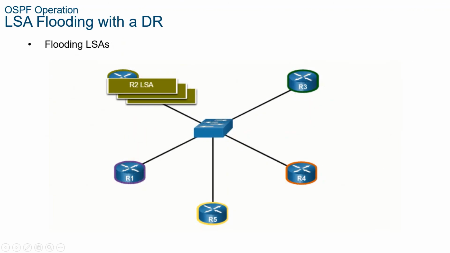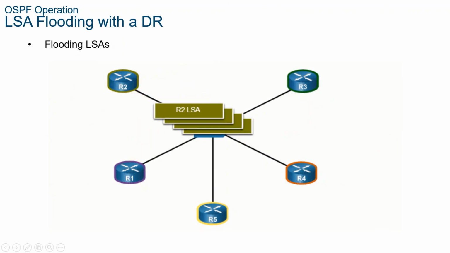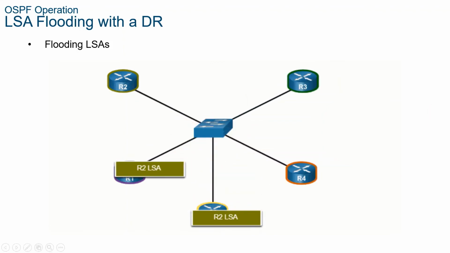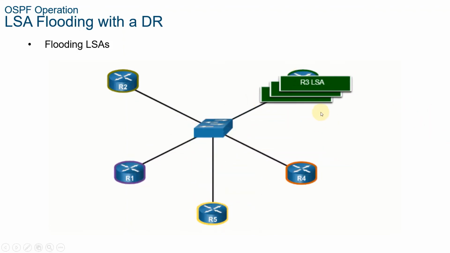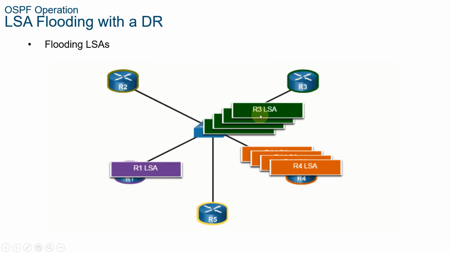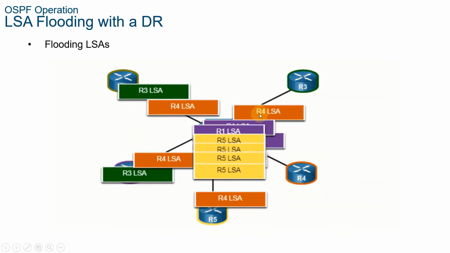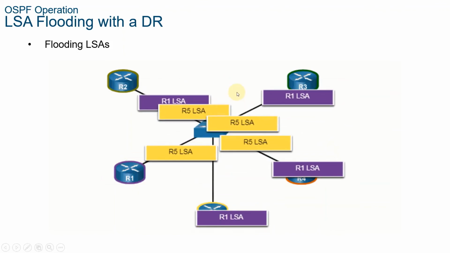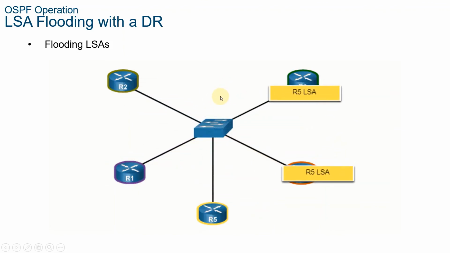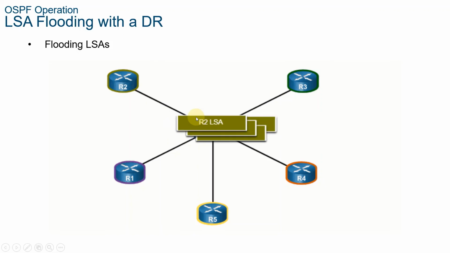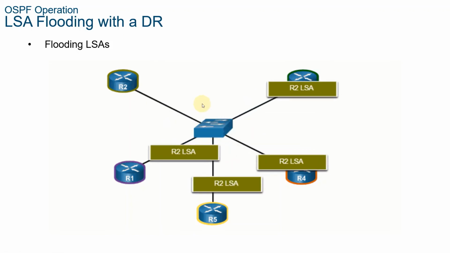Now, to understand the problem of extensive flooding of LSAs, please refer to this animation here. In the animation, R2 sends out an LSA. This event triggers every other router to also send out an LSA.